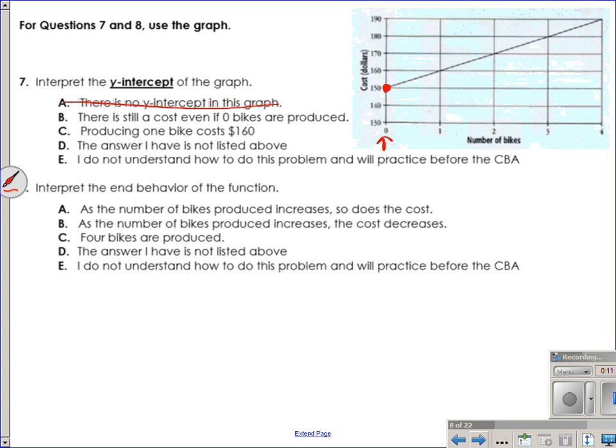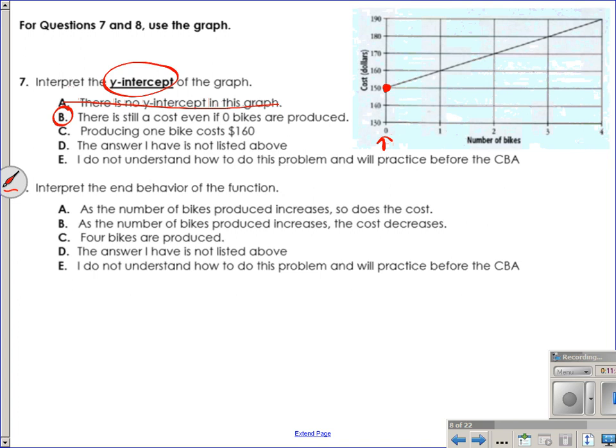B says there is still a cost even if 0 bikes are produced. That's true. For 0 bikes being produced, there's a cost of $150. And then C says producing 1 bike costs $160. Well, that's true, but that doesn't have anything to do with the y-intercept. So that's why our answer here is B.